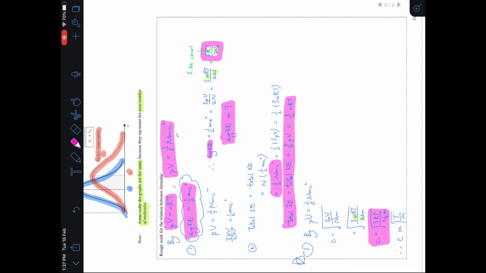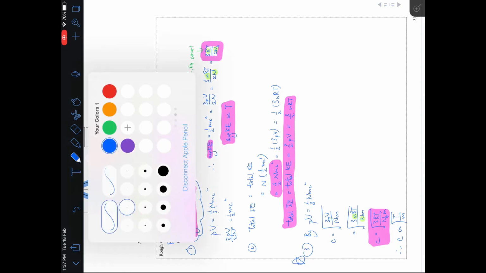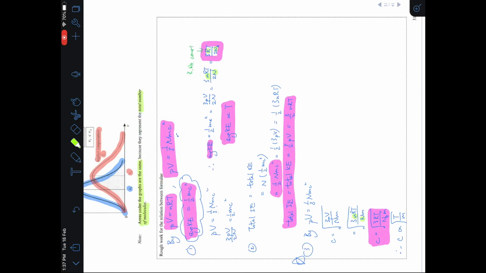But if you don't want to recite, you can easily start with PV equals 1/3 NMC squared. As long as you see C squared, this can help us to derive. The other way will be by the KE, that is, the average KE is in fact half MC squared, which is given by DSE, which is 3RT over 2N_A, given by DSE.